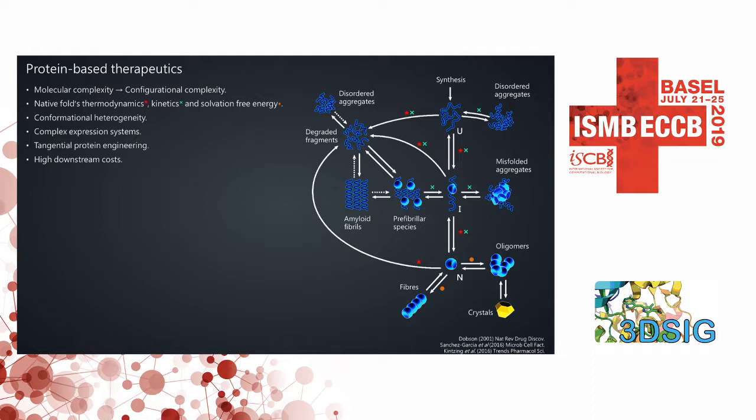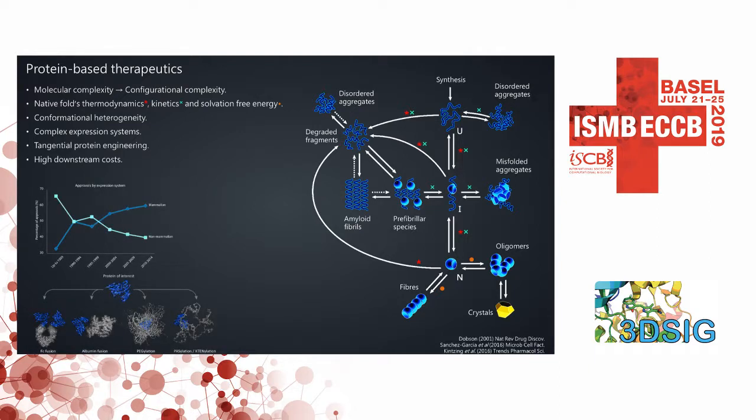And the problems that generally result from this, and the ways we try to mitigate it presently, are that we have a lot of conformational heterogeneity for the protein molecules intended for therapeutic purposes, and also the excessive presence of post-translational modifications that are essential for folding of these molecules necessitate complex expression systems that are very costly, and also a lot of tangential protein engineering and formulation costs downstream of this process.